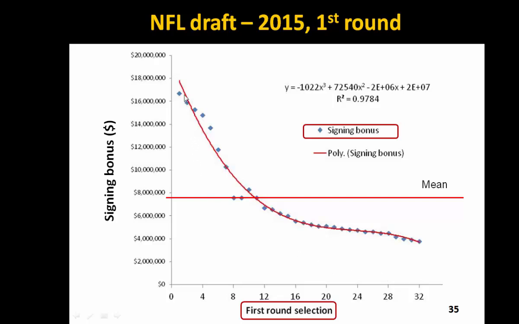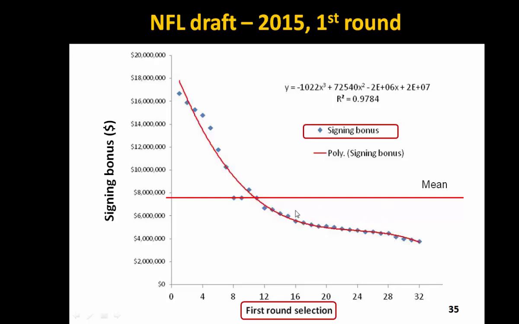This is important for prospective players because a player that's selected later in the first round will see a lower signing bonus, where the majority of the players, down here on the bottom, had a signing bonus lower than average.